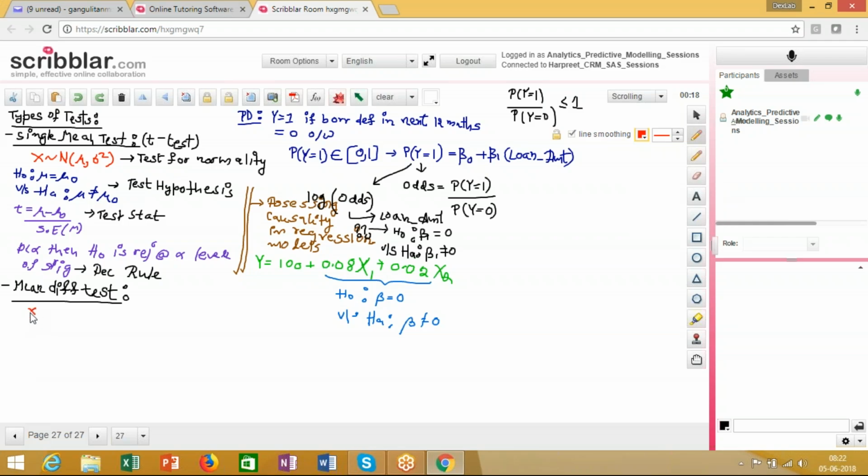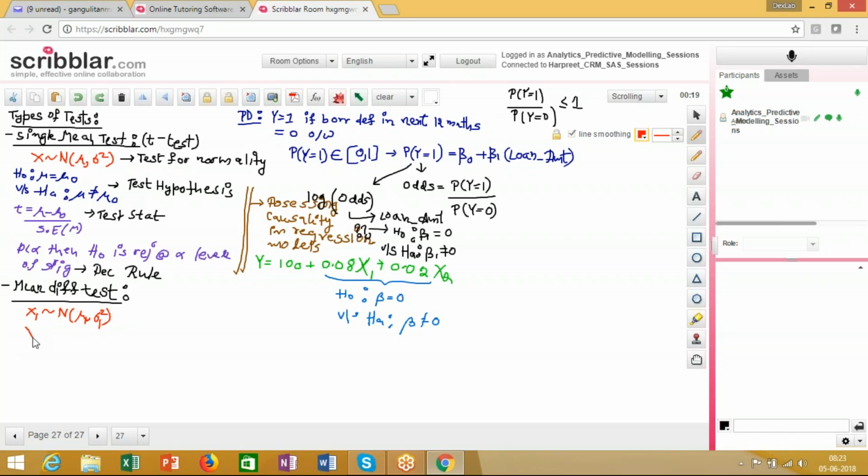So one is x1, and the other is x2. Basically, x1 follows a normal distribution with a mean mu1 and variance sigma 1 square.